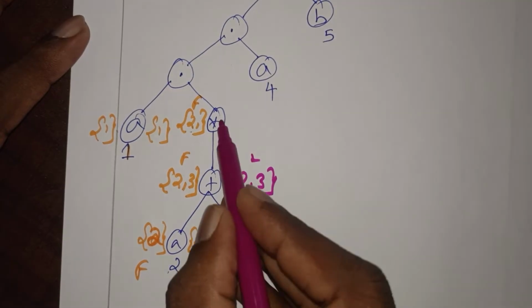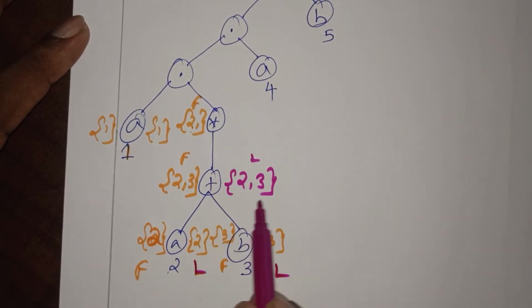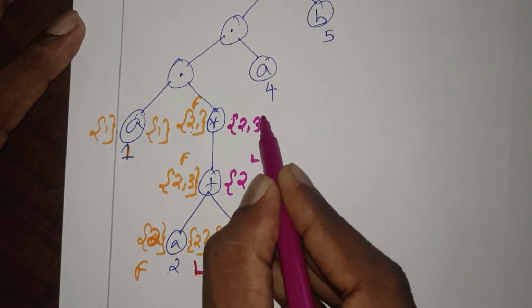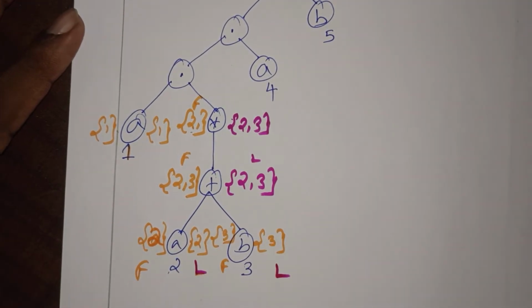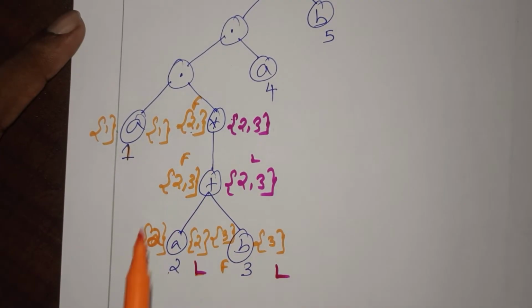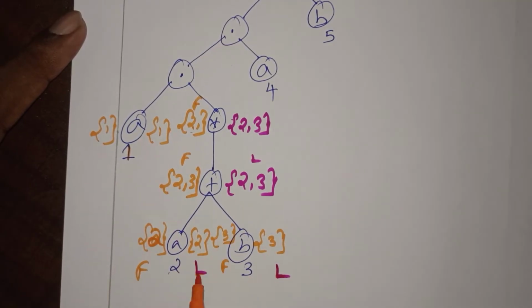What is the last position of closure? Again, it will take the last position of this plus, so here 2 comma 3. I hope you understood how this process is happening. Here we always need to refer to the procedure. I explained this procedure in the previous video. Refer to that if you have any doubt on this.